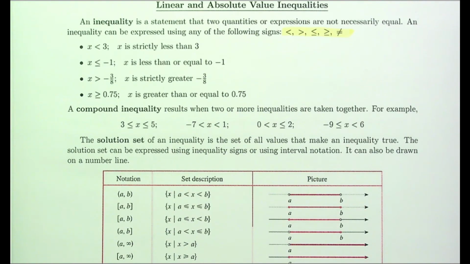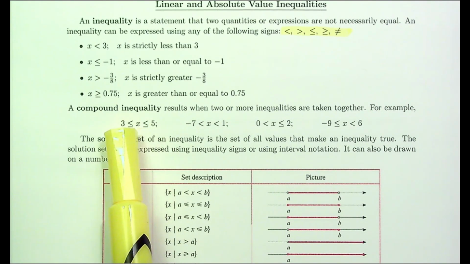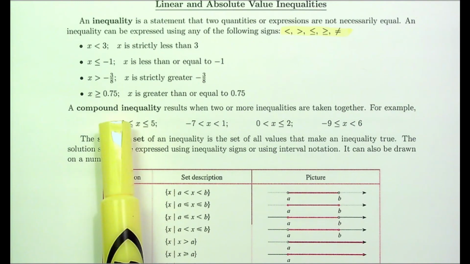Sometimes I like calling them double inequalities or sandwich inequalities, because it's more intuitive to see what's going on. Here x is sandwiched between 3 and 5. But the correct mathematical term is compound inequality.